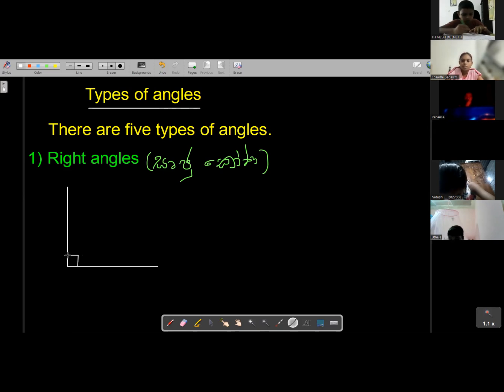You use different color to represent the symbol, okay? Different color using, you draw this symbol. To draw the symbol, you use different color.